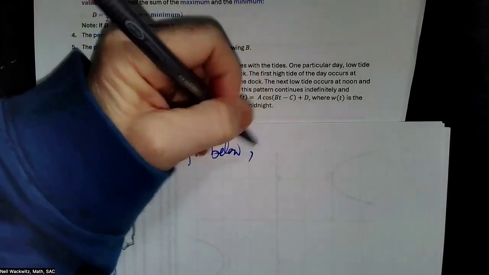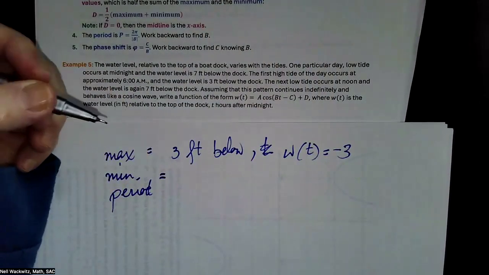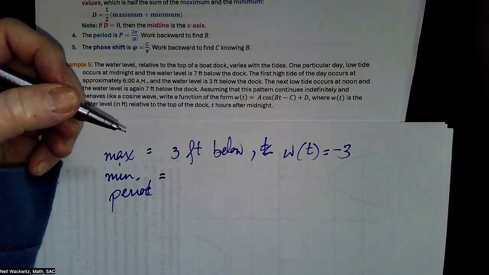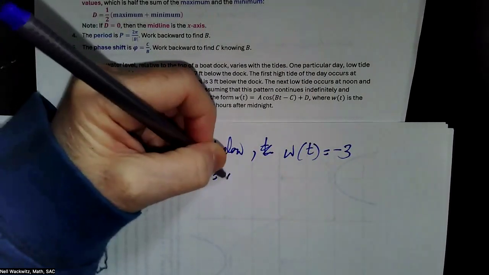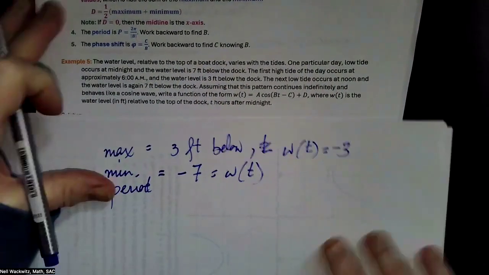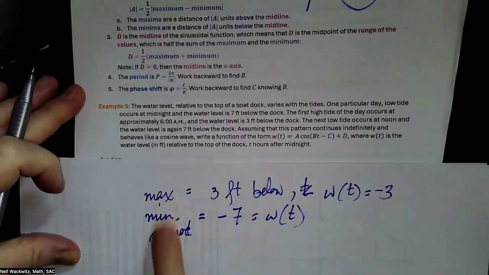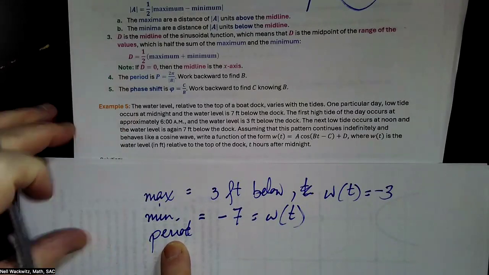Good. And then the min is going to be -7. Good. Excellent. So if you think of it doing it this way, the information will be grounded for you.